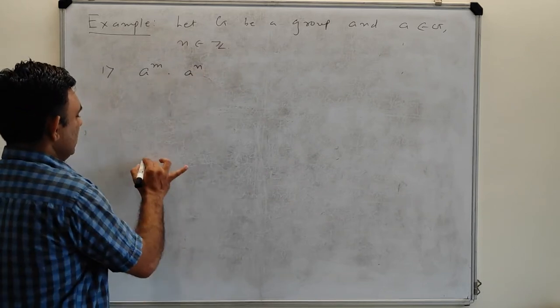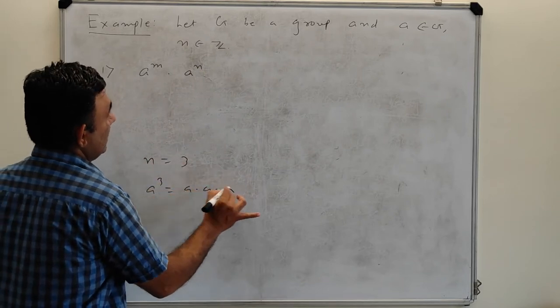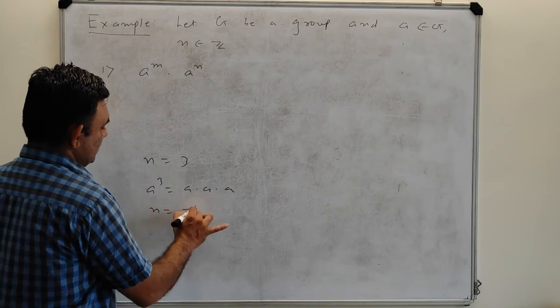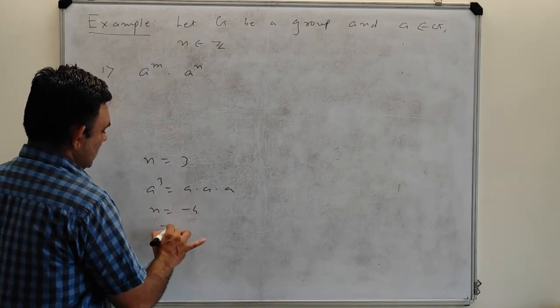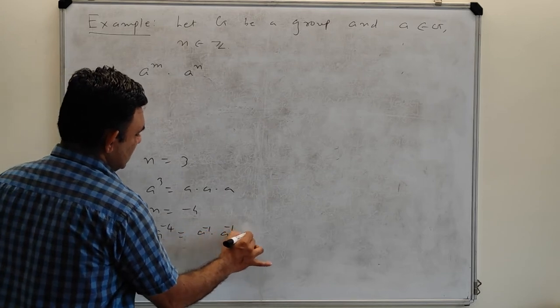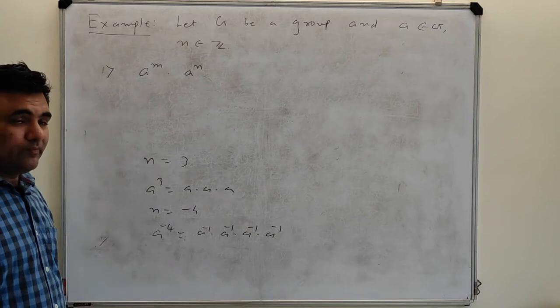Suppose n is equal to 3, then we know a cube is a · a · a. And suppose n is equal to minus 4, then a raised to minus 4 means a raised to minus 1, four times, as we have seen.